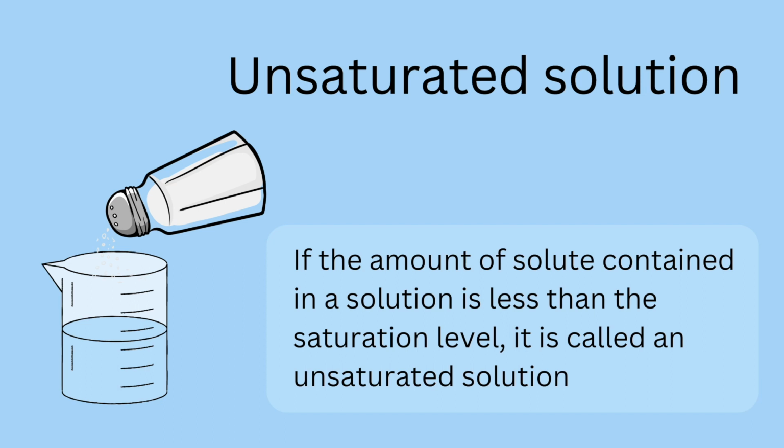So it's not a saturated solution. It's just the opposite of a saturated solution, meaning not fully utilized. The maximum amount of solute that can be dissolved in the solution has not been reached. It has solute somewhere less than the saturation point.